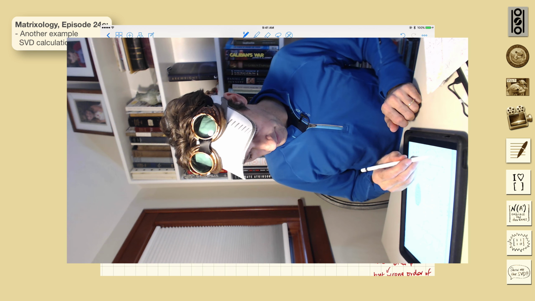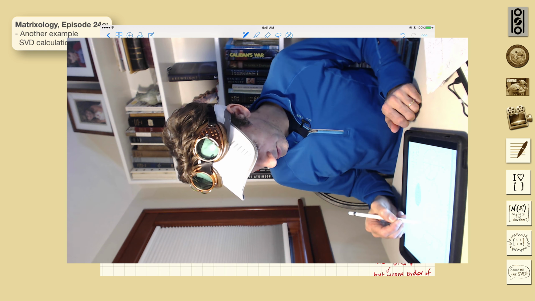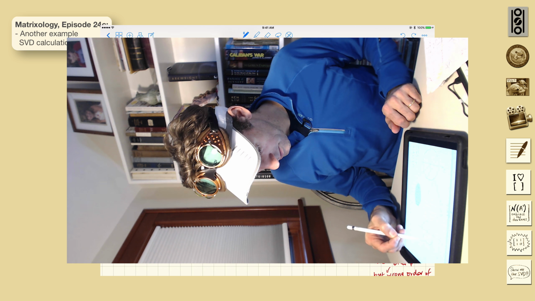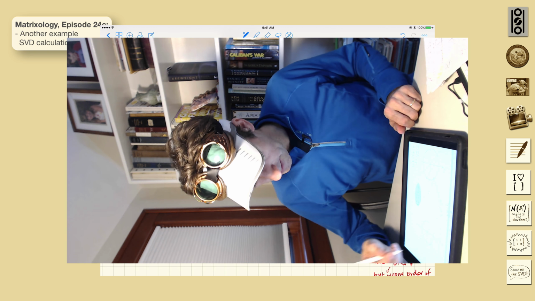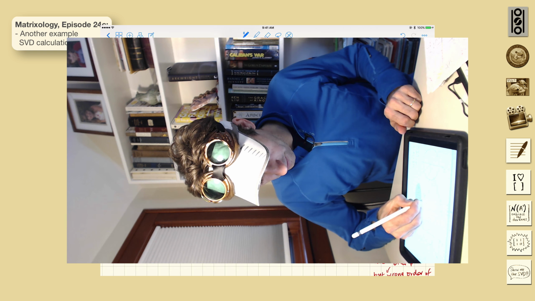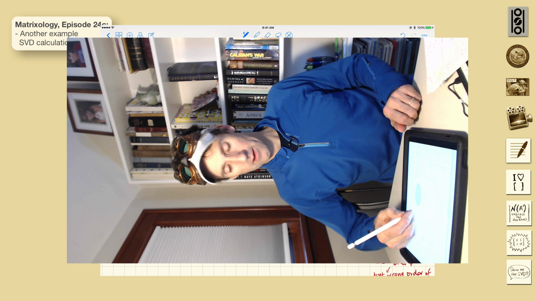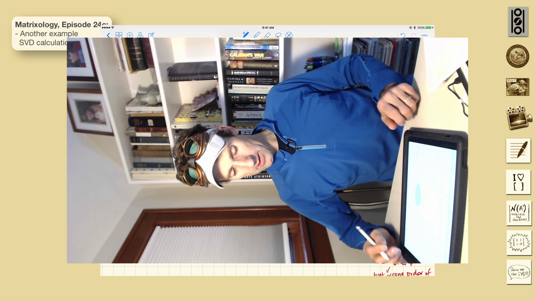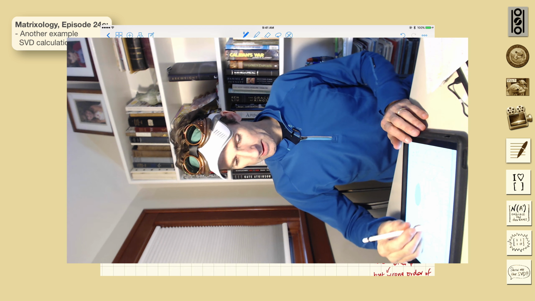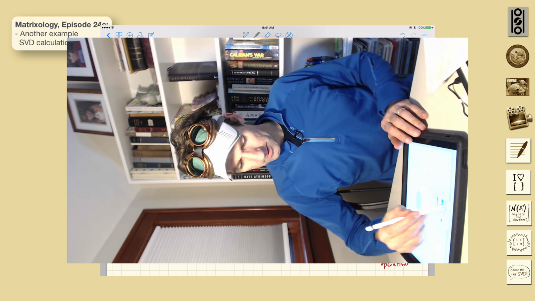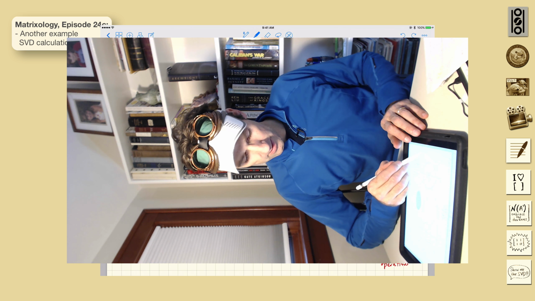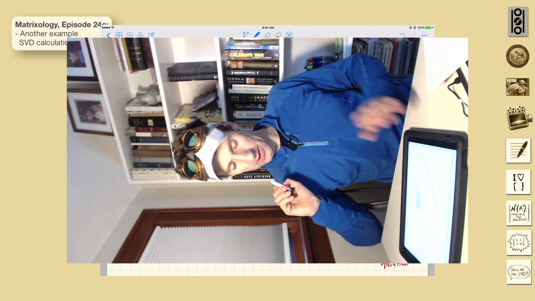And at the risk of making a horrible mess, let's map it to about here. So this is A times V2 equals square root of 2 times U2. So what A wants to do is to take this, it likes this axis here.